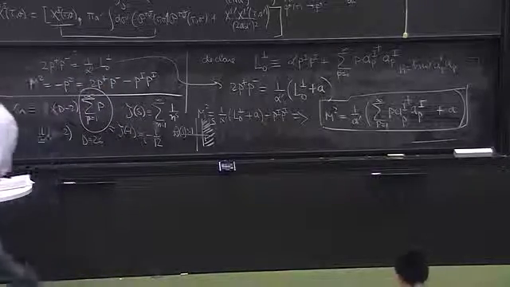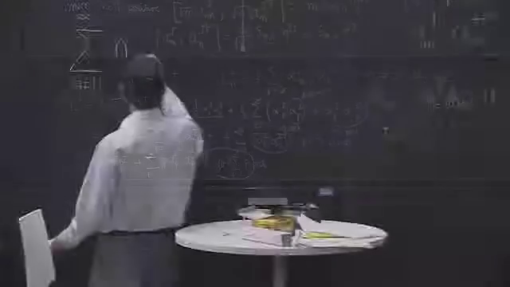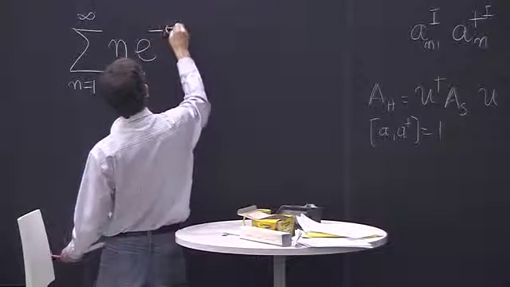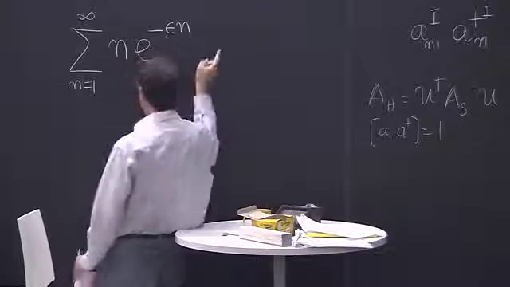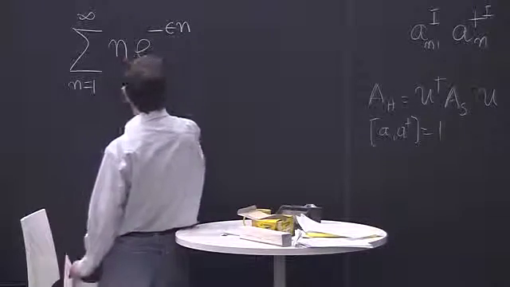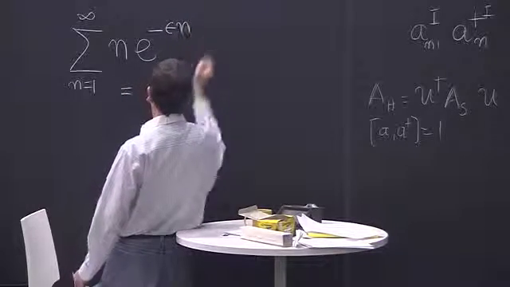There is one formula that is actually quite nice, and maybe it will make you feel a little better. The sum from n equals 1 to infinity of n is divergent. But if you put e to the minus epsilon n with any epsilon positive, that is convergent. And then how does it diverge as epsilon goes to 0?